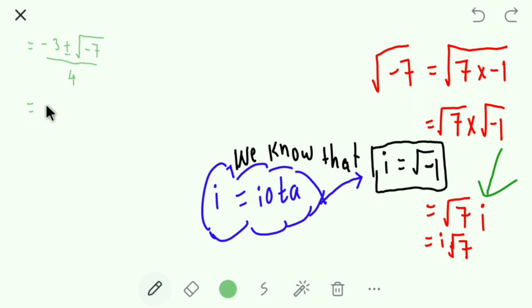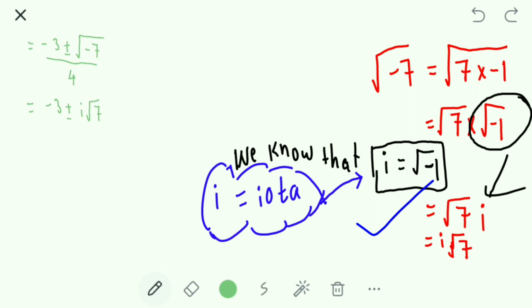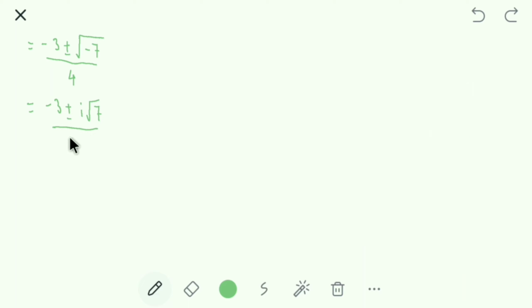So now minus 3 plus or minus i root 7. Instead of under root of minus 1, we are taking i. So i into under root of 7 divided by 4. So we have to write one time plus and another time minus.